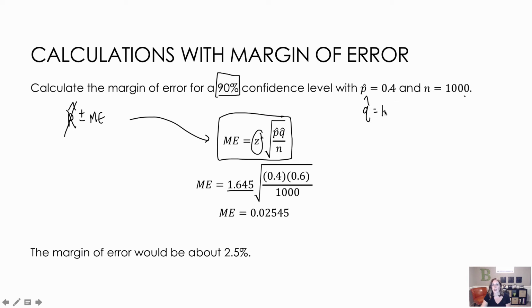Remember, that's just 1 minus p hat, and that's how I found 0.6, and then over n. So just like we did before with pq over n, now it's p hat q hat over n. So really I'm multiplying all of this out, and finding that my margin of error is 0.02545, which means the margin of error is 2.5%, because remember, this is going to turn into a percent.